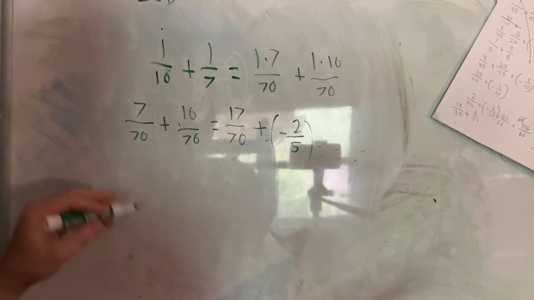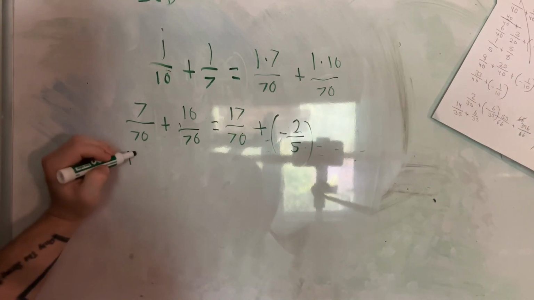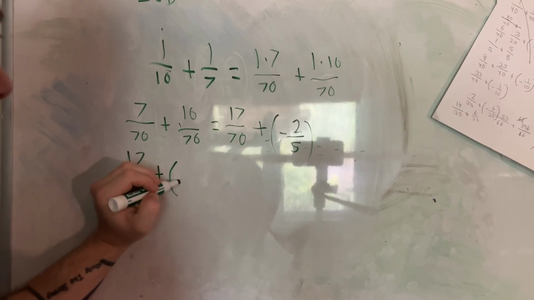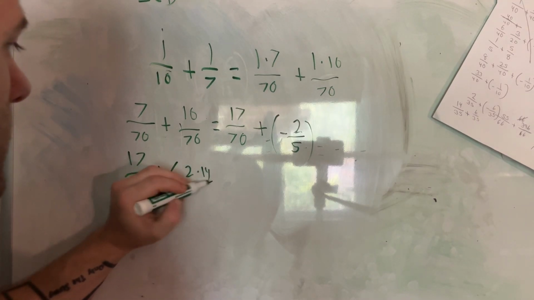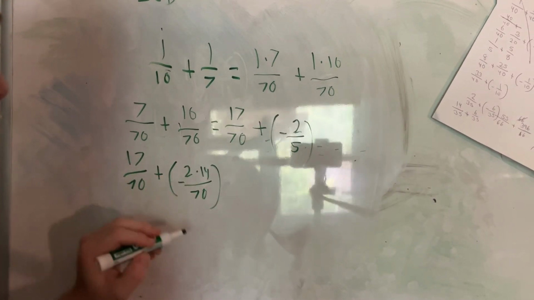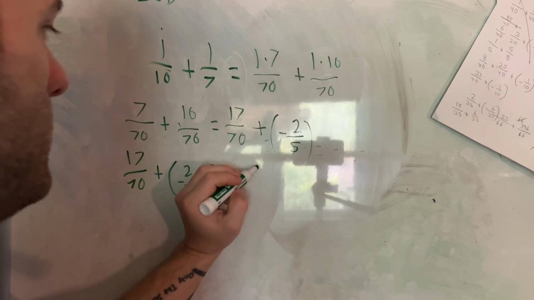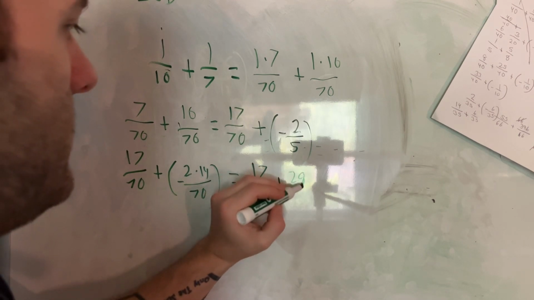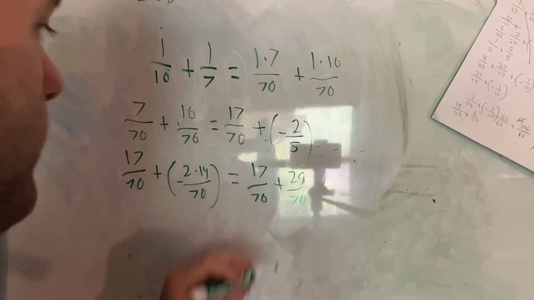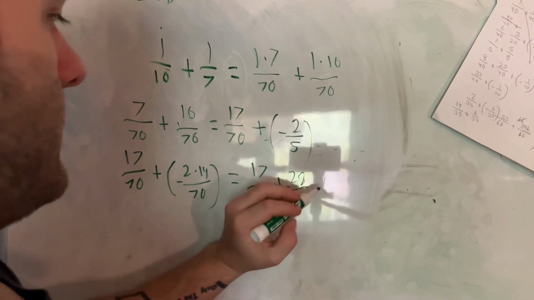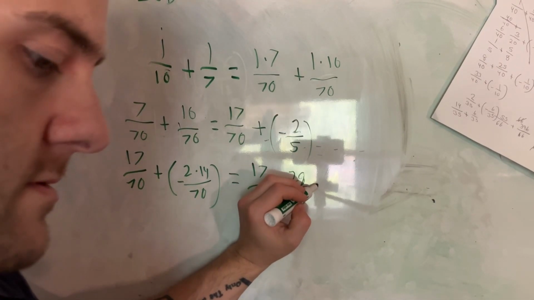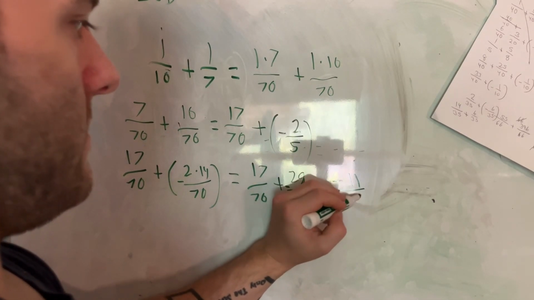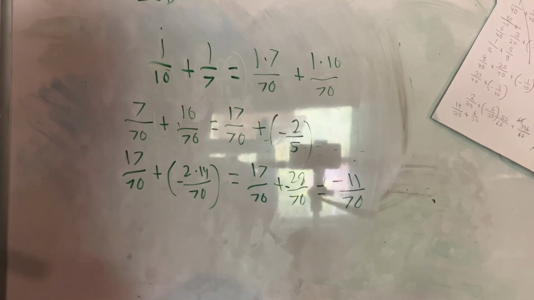Now we're going to do 17 over 70 plus negative 2 times 14 over 70, which equals 10 over 70 plus 28 over 70 plus negative 28 over 70, which equals negative 11 over 70.